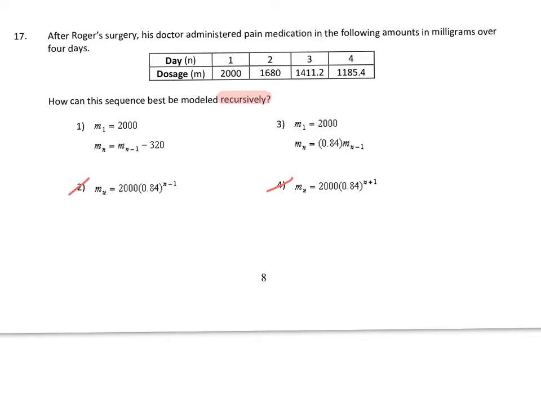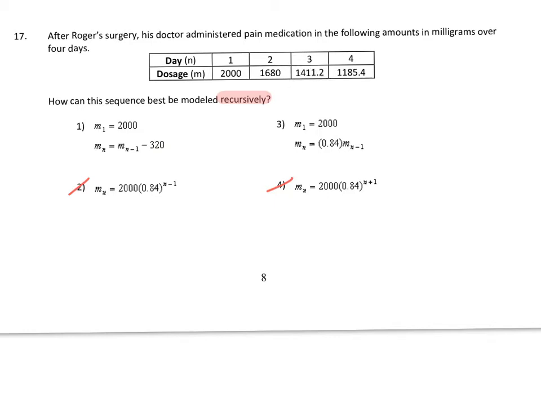All right, now let's see what's going on here. Because it's multiple choice, look at the answer choices. Are we subtracting 320 to get from one term to the next? Or are we multiplying by 0.84? Let's try it. 2,000 minus 320 is 1,680. But 1,680 minus 320 is not 1,411.2.